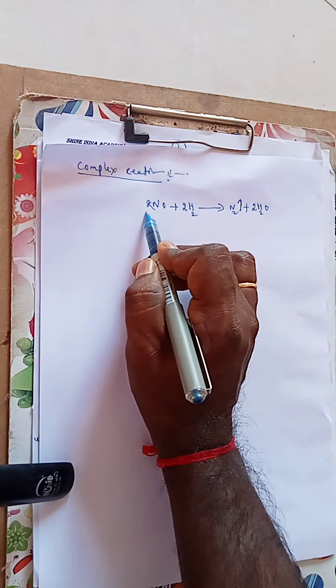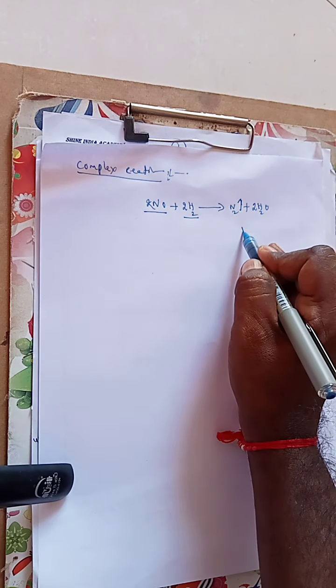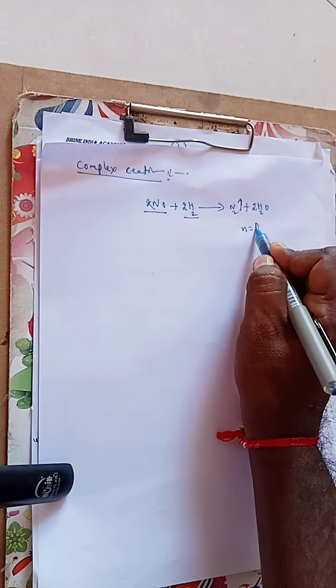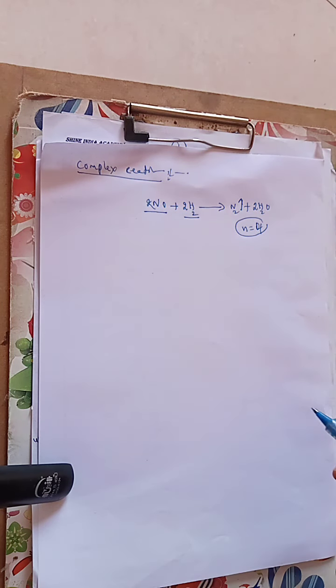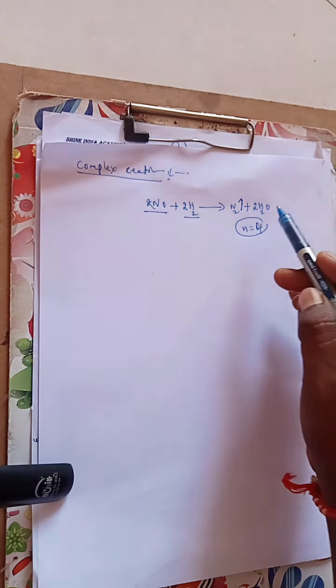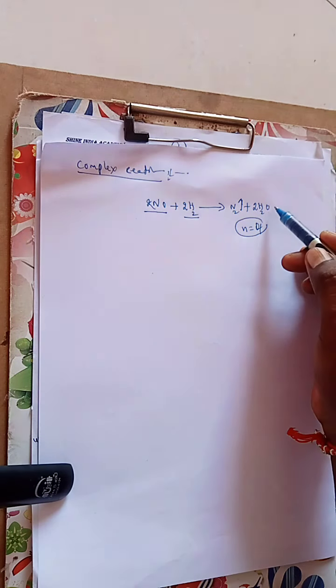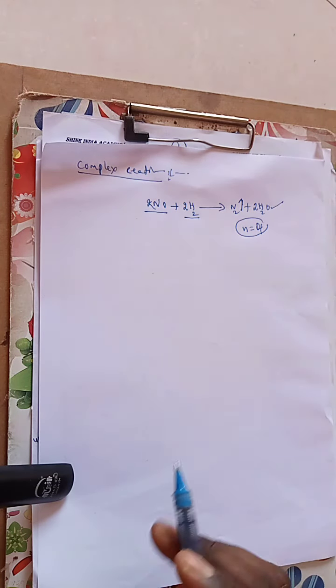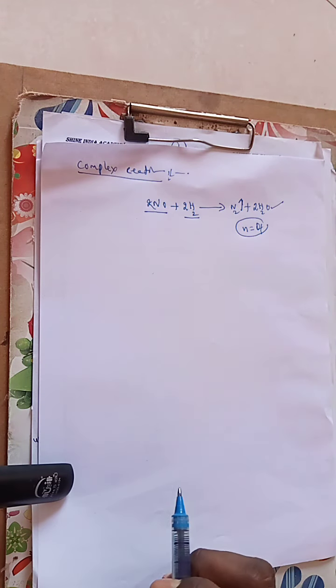Because here there are 2 moles of NO and 2 moles of hydrogen. Simply, the order of this reaction is 4. But practically this is a complex reaction, not an elementary reaction. We show it directly as a single-step reaction, but experimentally it is a complex reaction.